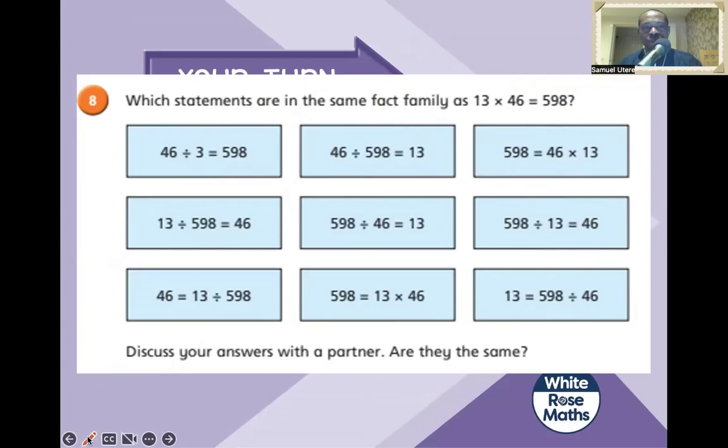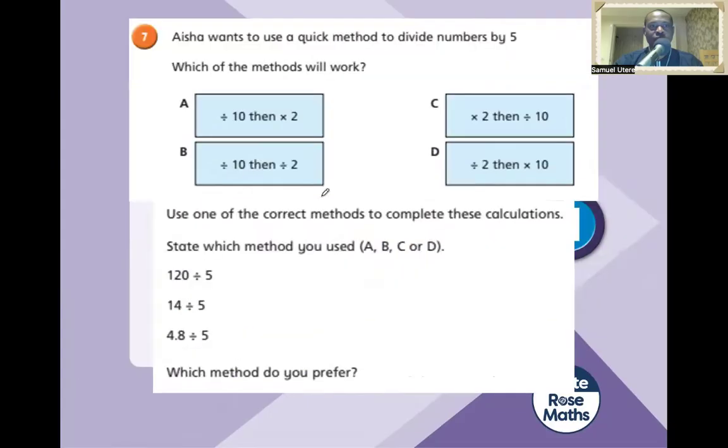So let's get a pen. If we divide by 10, imagine we have a number here. Let's say, for example, we have 10 divided by 10, and then we times by 2.